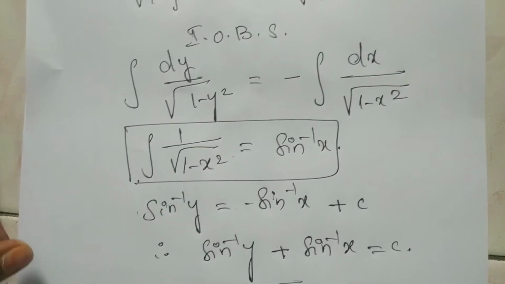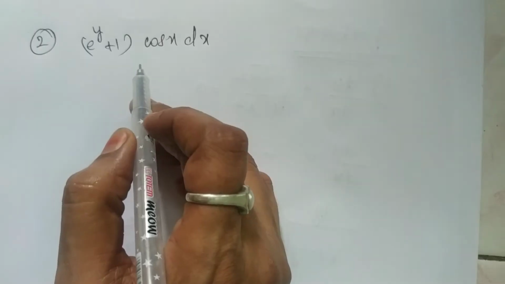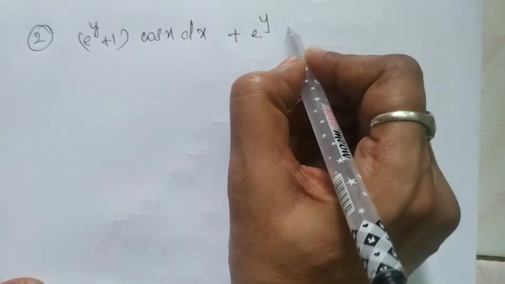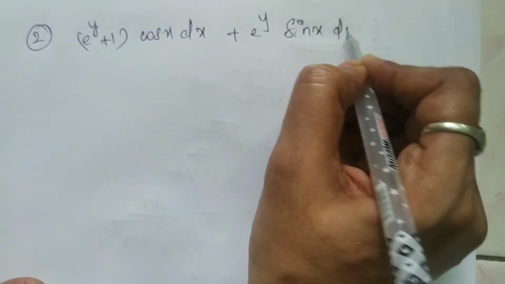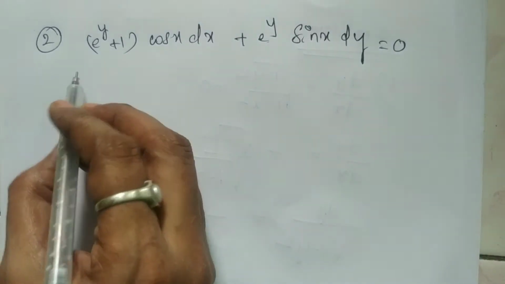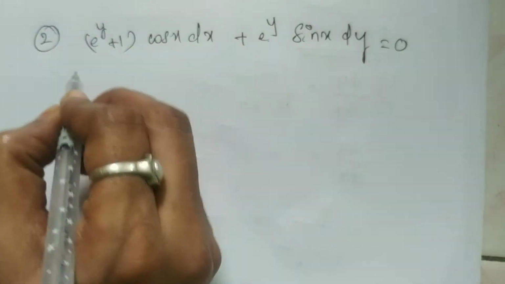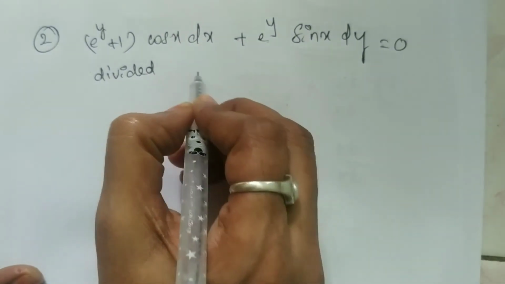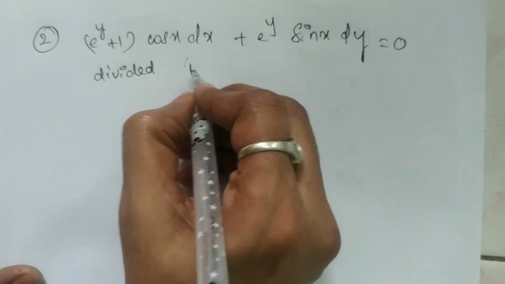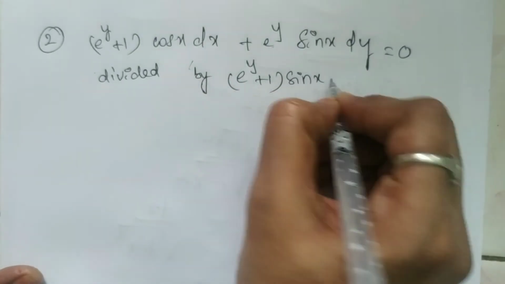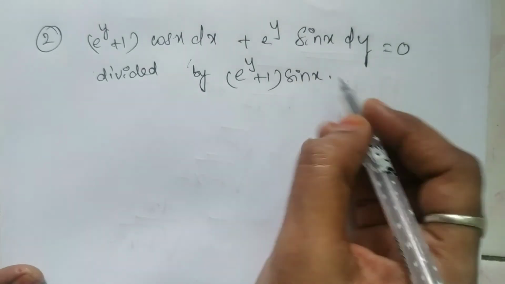So next problem, e power y plus 1 cos x dx plus e power y sin x dy equal to 0. By using the variable separable method, in this problem divide both sides by (e power y plus 1) sin x.